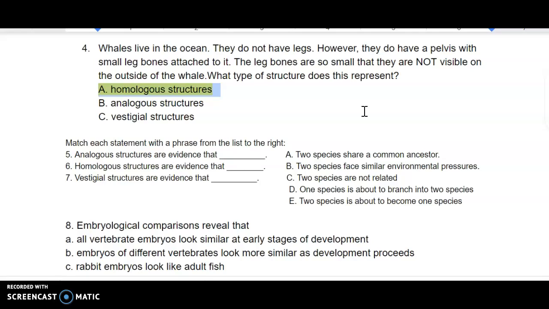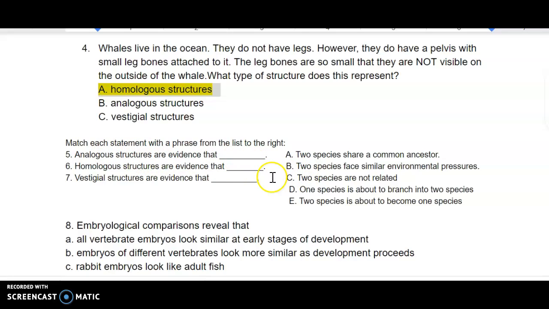Number 5, match each statement with the phrase at the right that best describes it. Analogous structures could indicate that two species face similar environmental pressures. If they are living in water and both need to swim, they would have structures for swimming. They may not be the same, but they would be analogous to each other.